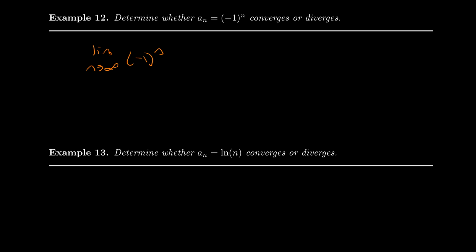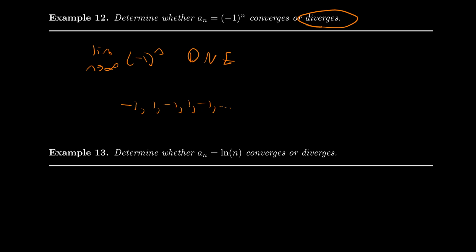Because the sequence is going to look like -1, 1, -1, 1, -1, and so on forever. It does not. Since it doesn't, we say that this limit does not exist, and therefore it's not a number, so it diverges. That's it on that one.